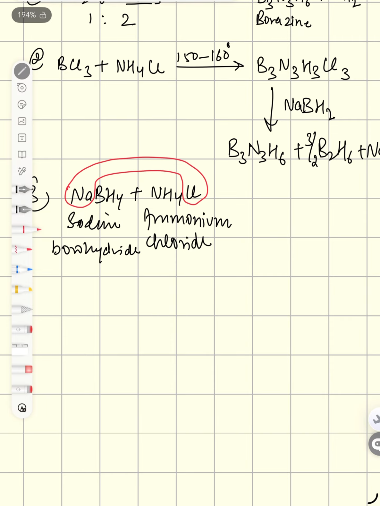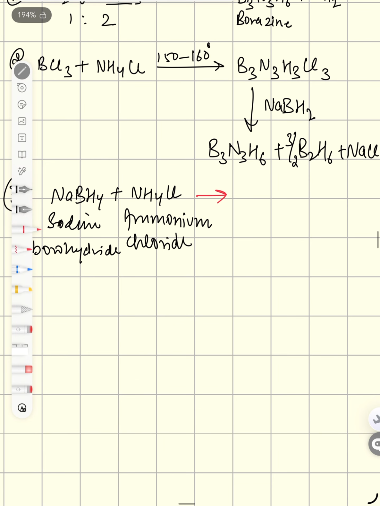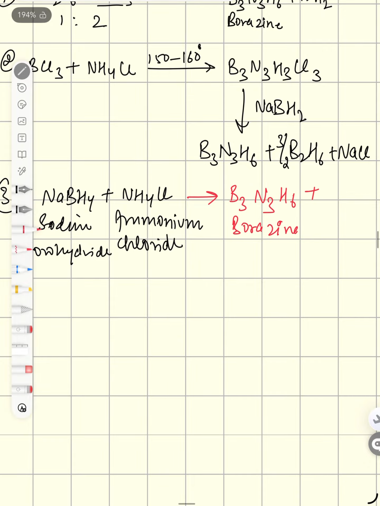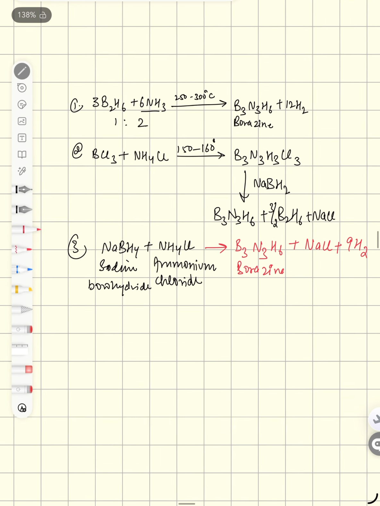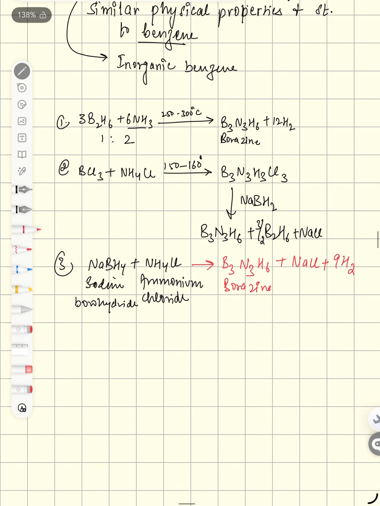NaCl is formed as a byproduct again, resulting in the formation of B3N3H6, that is borazine, plus NaCl along with 9 moles of hydrogen gas. These are the three methods of preparation of borazine.